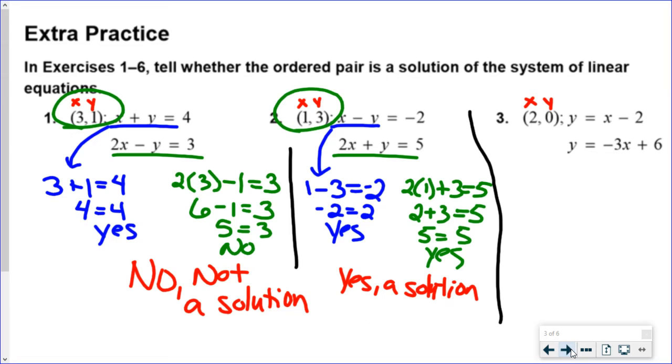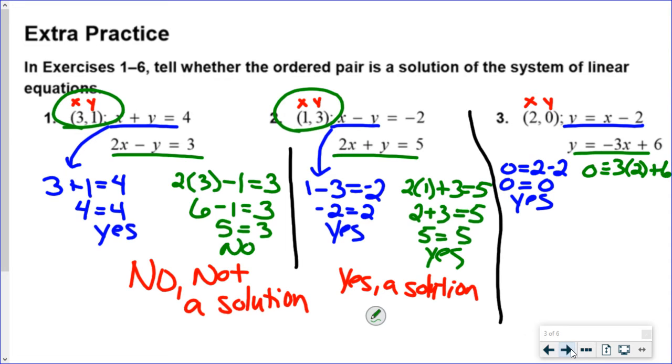Okay, let's do it again. So let's start with the blue. Now y is 0, x is 2, 2 minus 2 is 0. Yup, it works for that one. Now we need another yes for the true answer to be yes. Okay, so now for this one, y is 0, x is 2, 0 equals -6 plus 6, 0 equals 0.